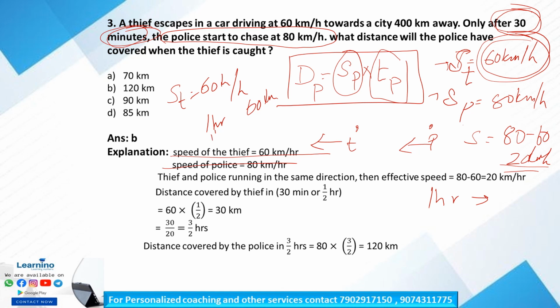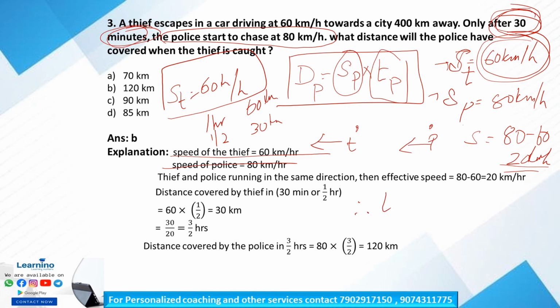For half an hour, it is 60 divided by 2, which is 30 kilometers. So the distance covered by the thief in 30 minutes is equal to 30 kilometers.